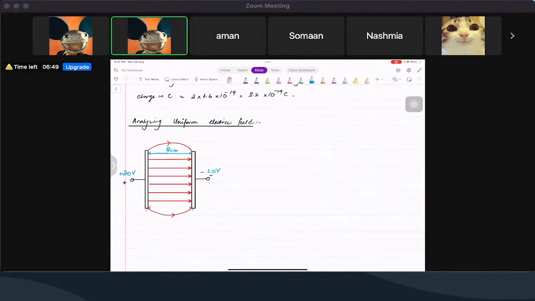First of all, you should remember that we need to find the potential difference across these two plates. Now, potential difference is a scalar quantity, which means whenever you find a difference, you will always do the bigger value minus the smaller value, not the opposite. So potential difference is going to be plus 20, the bigger value, minus minus 20. So it is going to be 40 volts. Is it clear, everybody?